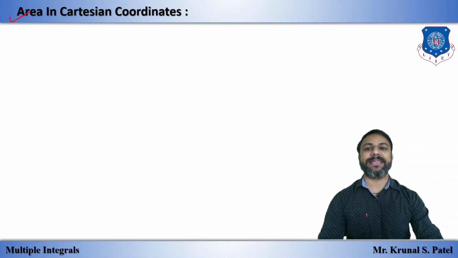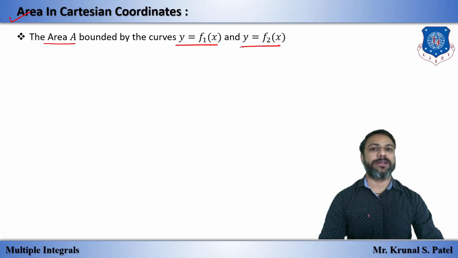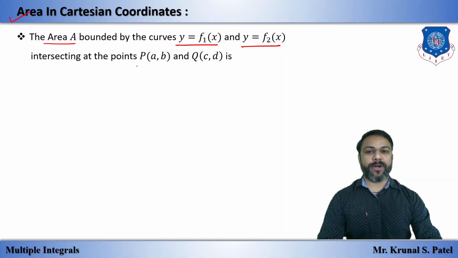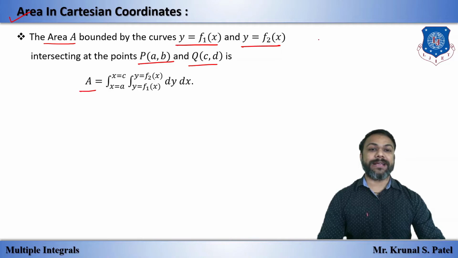First we will start with the area in Cartesian coordinates, that means x and y. The area A bounded by the curves y is equal to f1 of x and y is equal to f2 of x, intersecting at the points P (a, b) and Q (c, d), is given by A equal to... if we take a vertical strip, then as we have discussed, we will make y the subject.